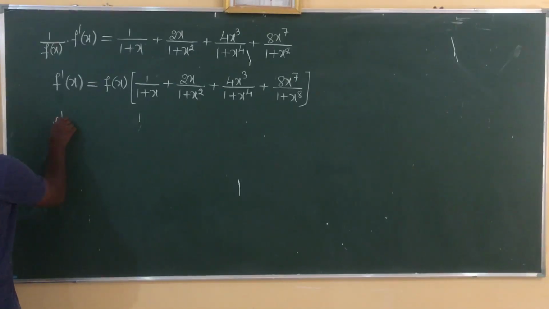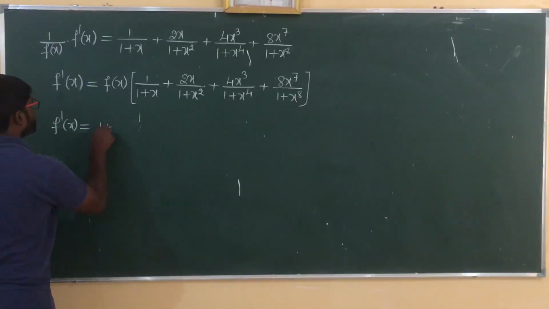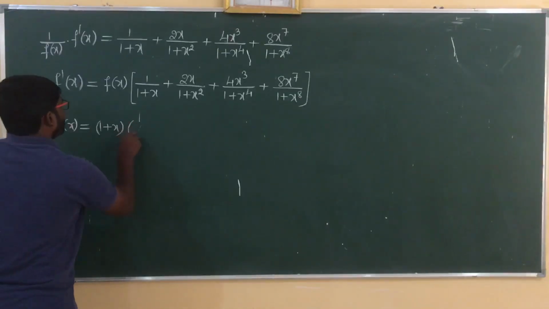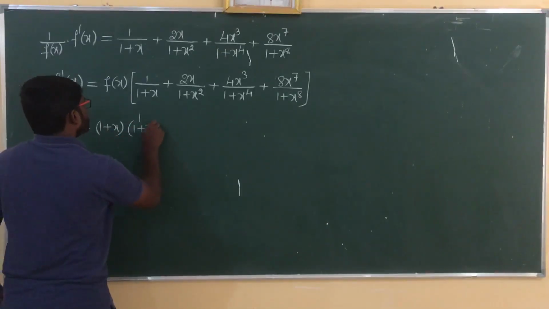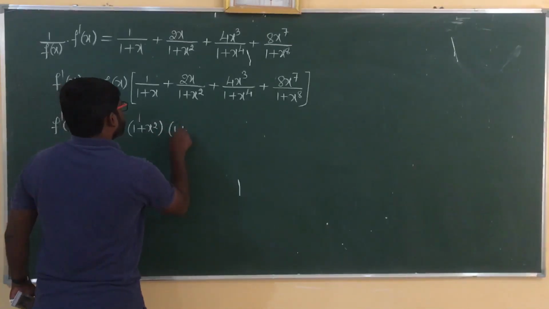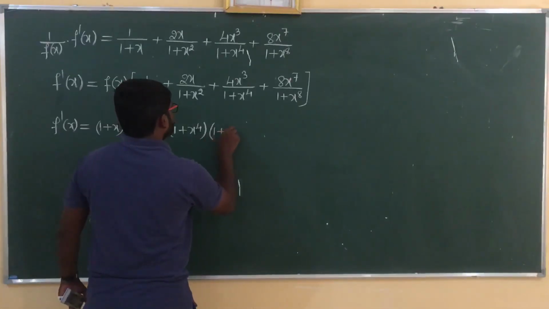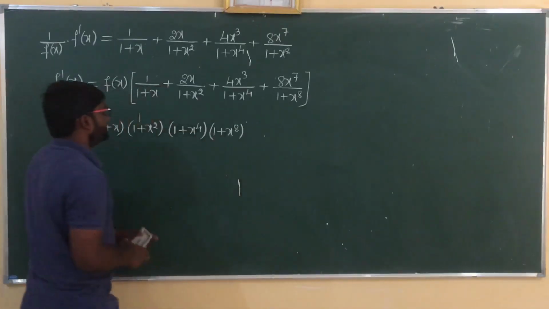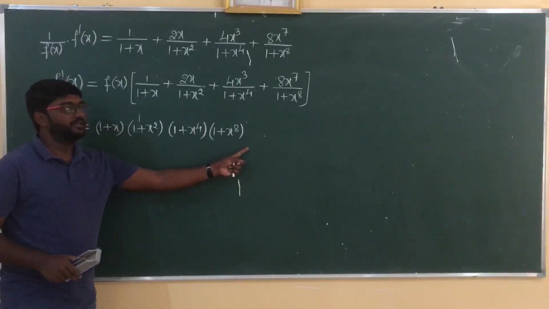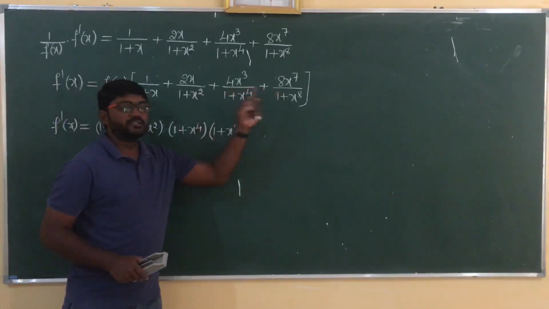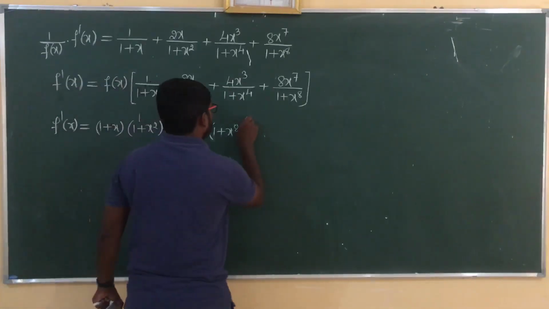f dash of x which is equal to, so f of x will be (1 plus x) into (1 plus x square) into (1 plus x to the power 4) into (1 plus x to the power 8). So this entire term is f of x now. Into these terms must be written as it is into the bracket.